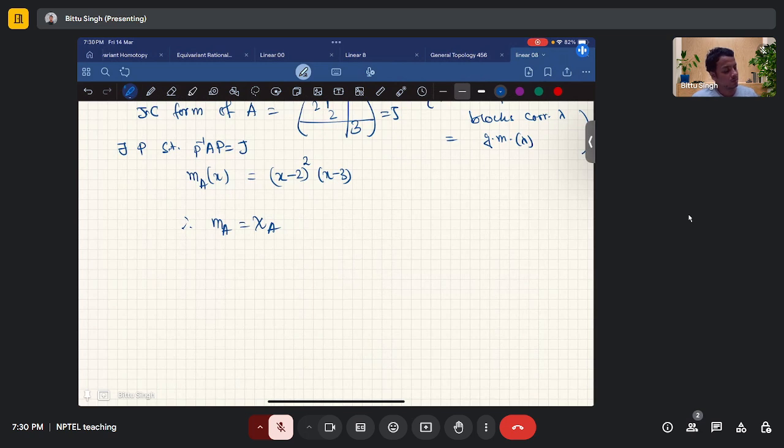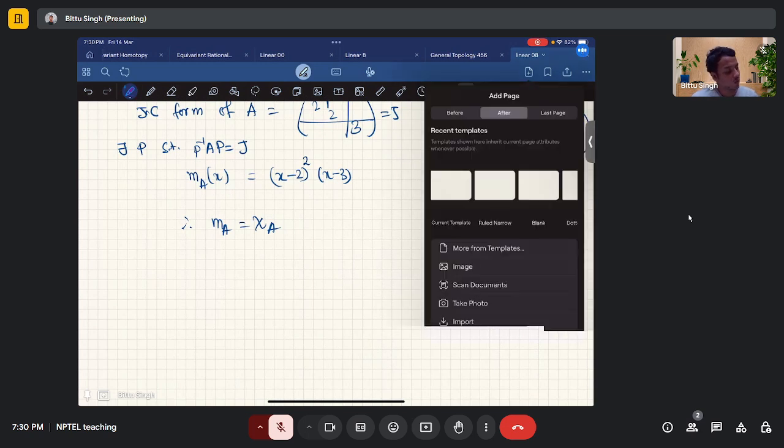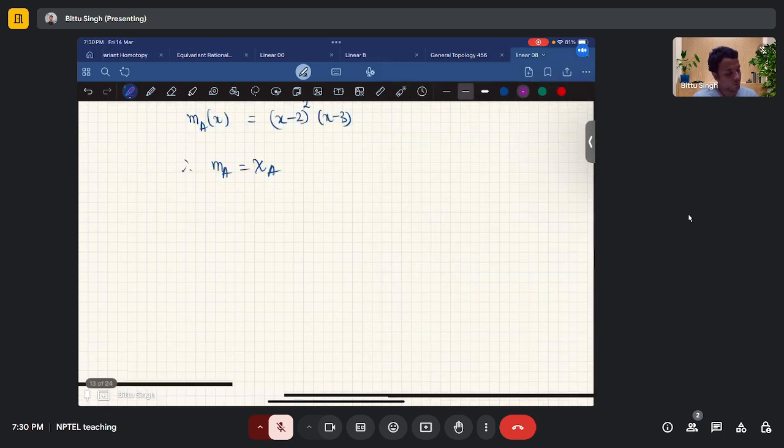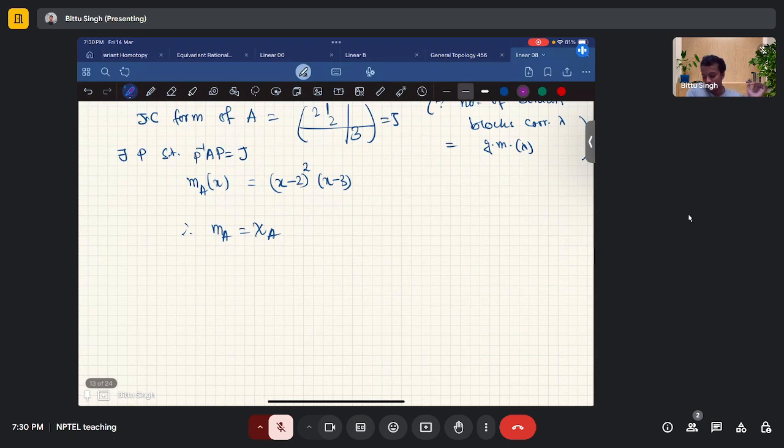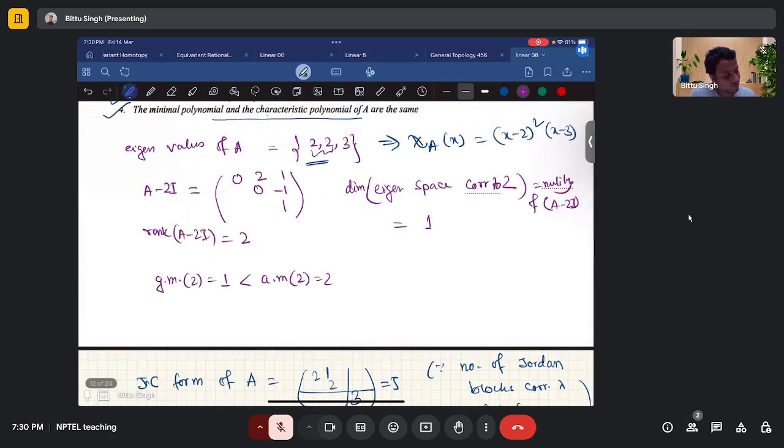Here we will see how to get a Jordan canonical form from a given matrix A. Again, the problematic part is A minus 2I.